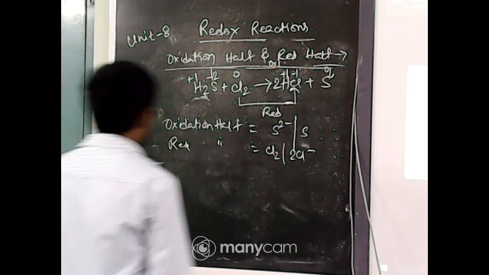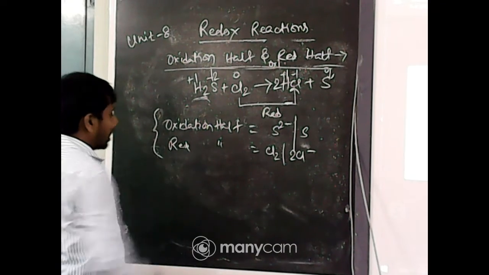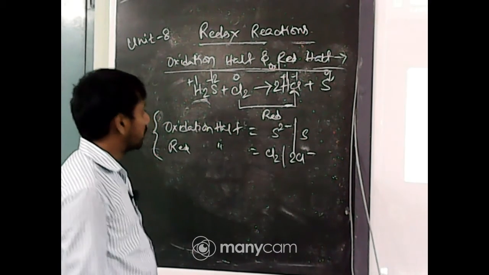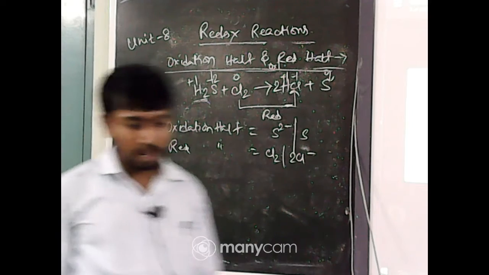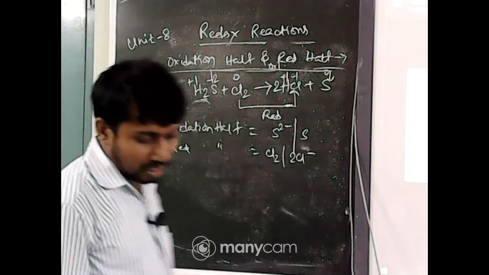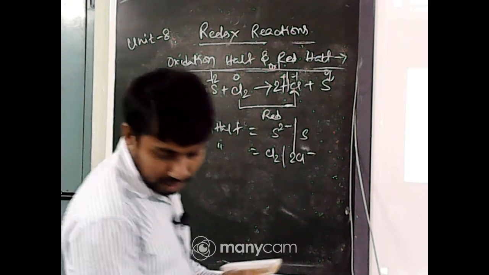Okay. So the oxidation half and reduction half is this. You may try one more example on this, that is Fe3O4 plus aluminium.